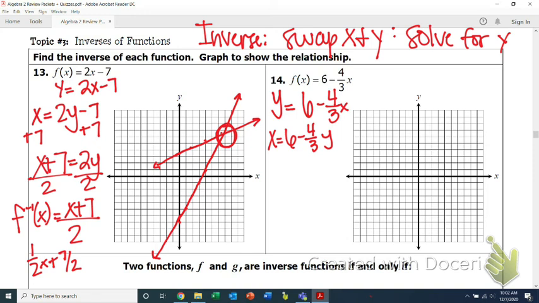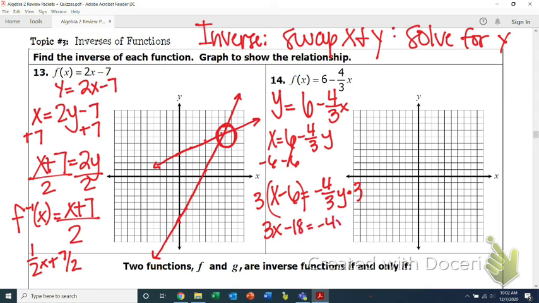All right, before we get rid of the 3, though, what can I get rid of? Yeah, the 6. So x minus 6 equals negative 4 over 3y. We multiply by 3 on both sides. 3x minus 18 equals negative 4y.